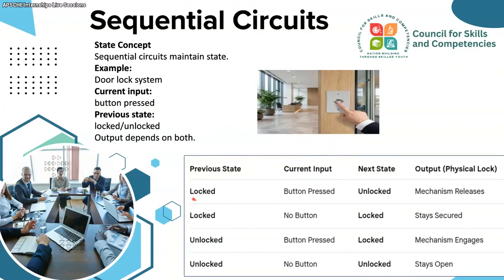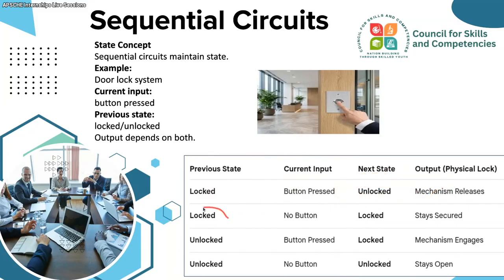So the previous state is locked, and then the button is pressed. Now we got unlocked. That means the mechanism is released.